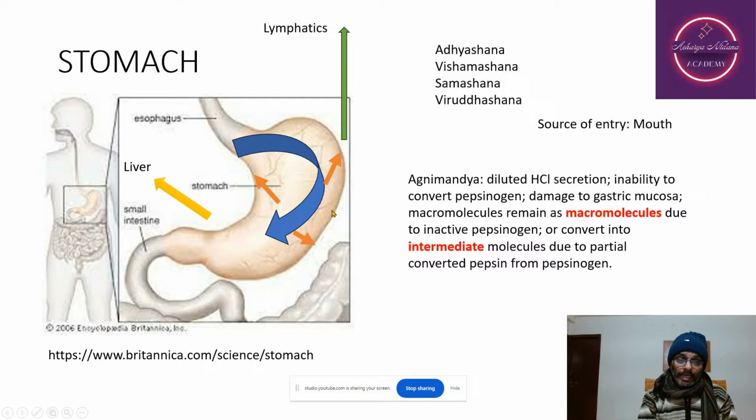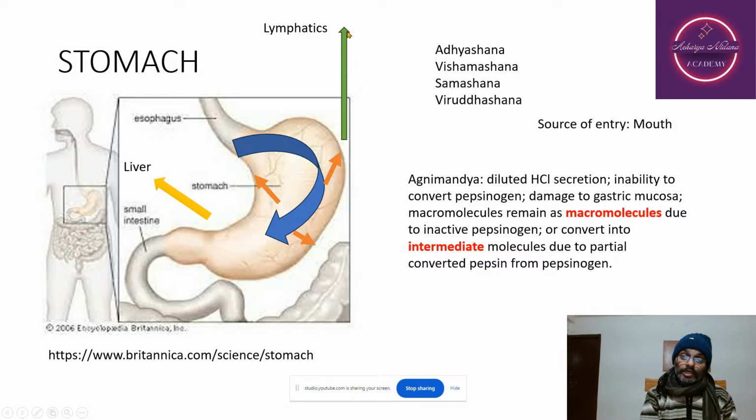And as the molecular weight of the substances entering into the interstitial space of the stomach is more, they do not enter via the portal circulation into the liver. They move via lymphatics to the thoracic duct.